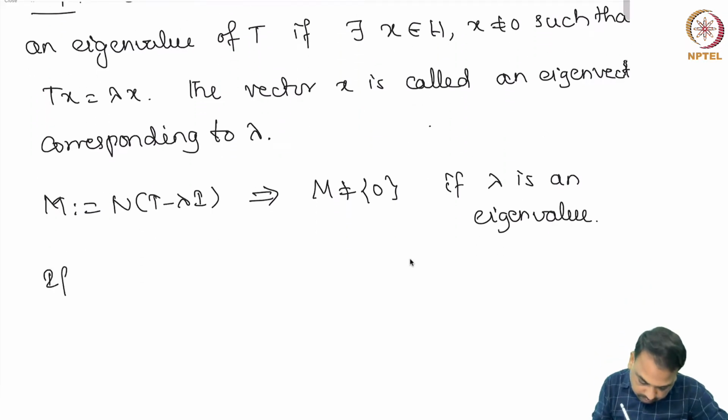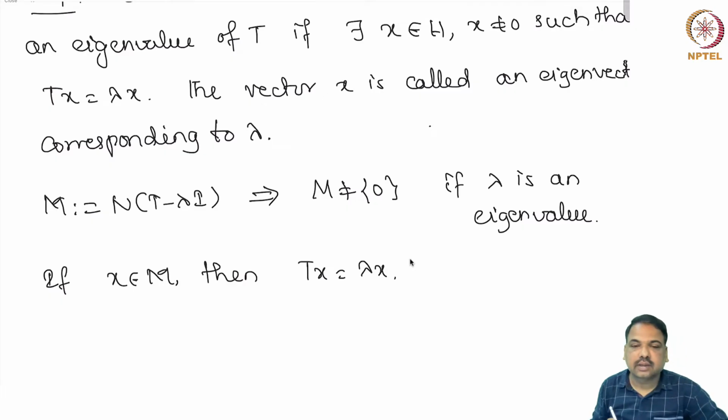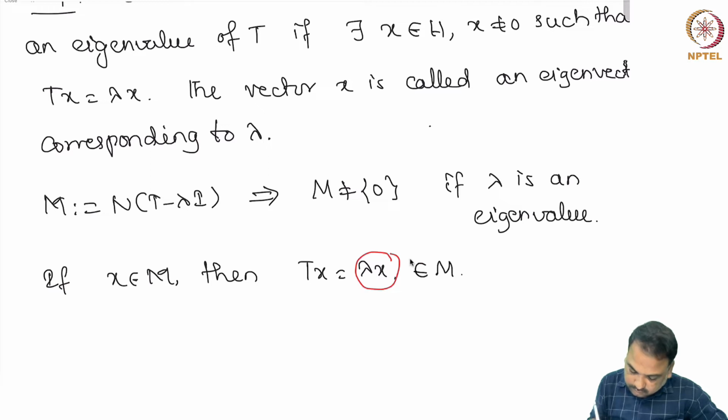Now if you take x in M, then we have Tx equal to lambda x. So we know that x is in M, and this says that Tx is also in M. So whenever x is in M, Tx is in M.